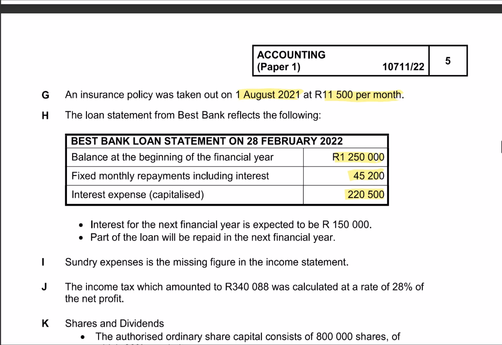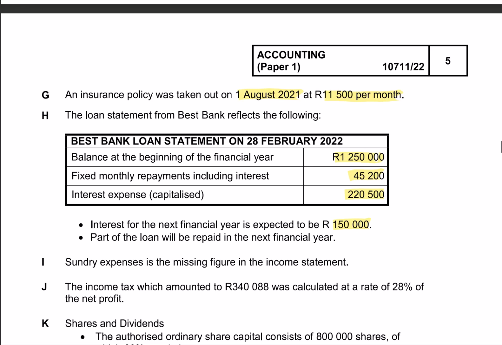The interest for the next financial year is expected to be 150,000. So that's the expected interest. Part of the loan will be repaid in the next financial year. Right, so we have payments including the total amount that is capitalized, or the capitalized interest.